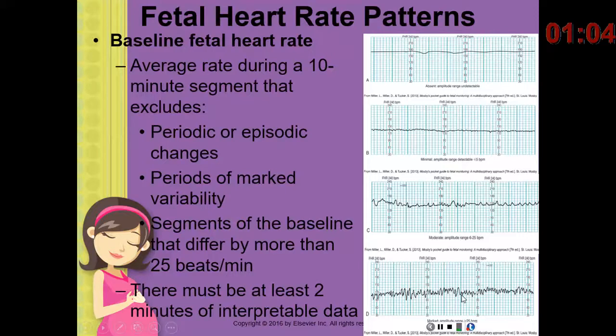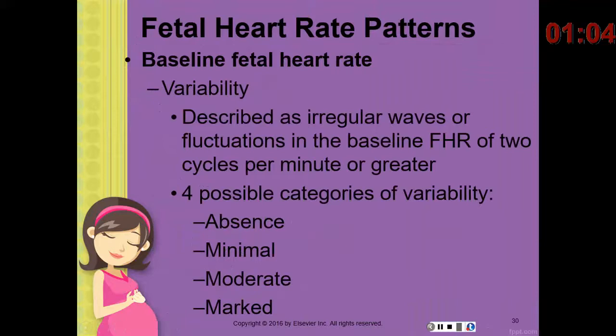We don't really know how much information we have on this with marked variability. We'll talk about that in just a sec. So this is absent, this is minimal, this is moderate, and D is marked variability. Okay.